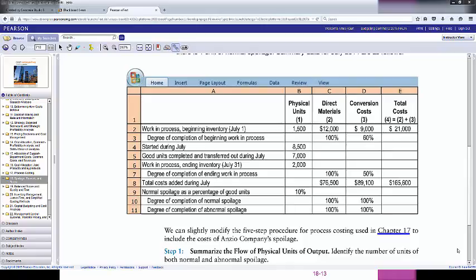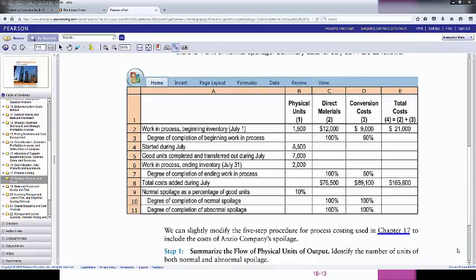In regards to the work in process that we are leaving, again, we're going to assume that they too have gotten 100% of their direct materials. They are only 50% converted as to how far along they've made it in the process.